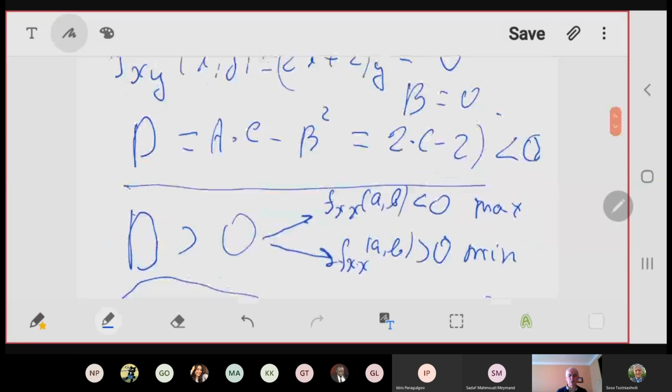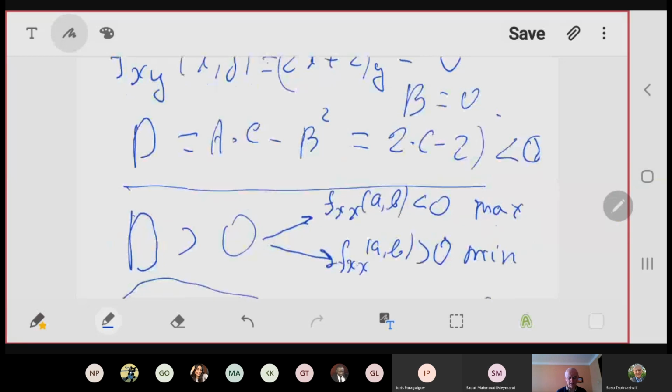You can use or not use the notations A, B, and C. What matters is that the first term is the product of the second partial derivative with respect to x, fxx, and the second partial derivative with respect to y, fyy, and from this product we subtract the square of fxy.